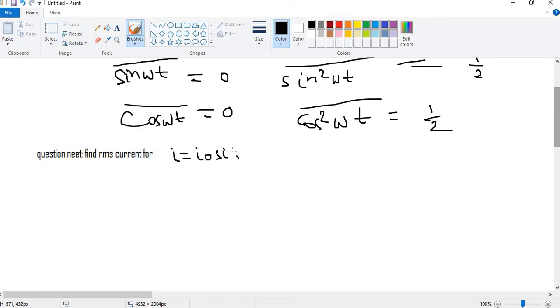So we have to find the RMS current, and the expression is given as I is equal to I naught sine omega t.